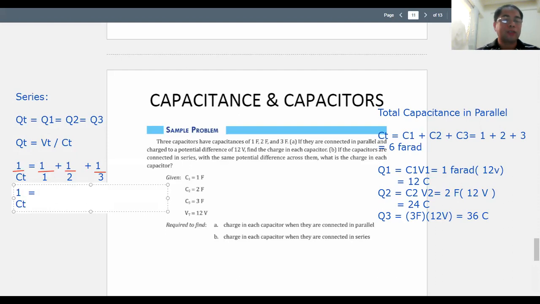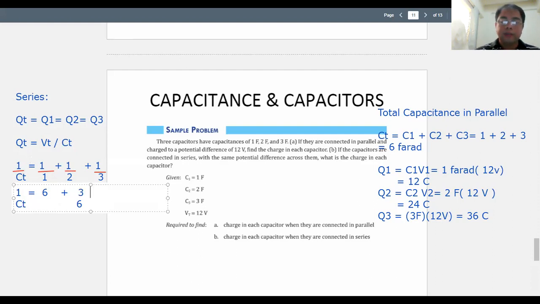How do we add fractions? We make the denominators the same. We'll have a common denominator of 6. 6 divided by 1 is 6, so our numerator here will be 6. If you divide 6 by 2, that's 3.